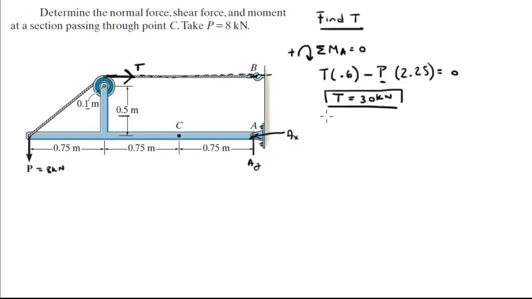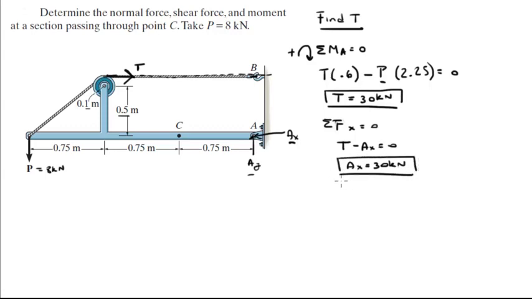Now that you have T, you can find AX and AY, because you know that the sum of the forces at X is equal to 0. So the forces in the X are T minus AX equal to 0, so AX is equal to 30 kilonewtons.